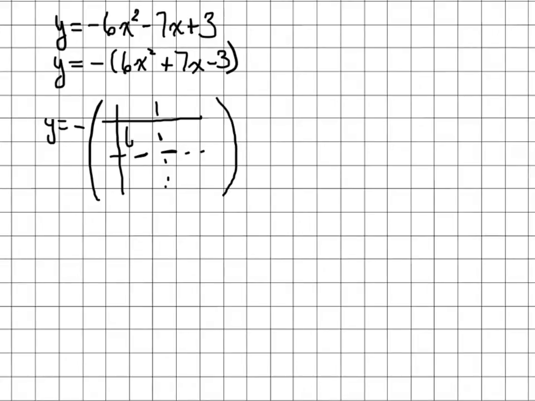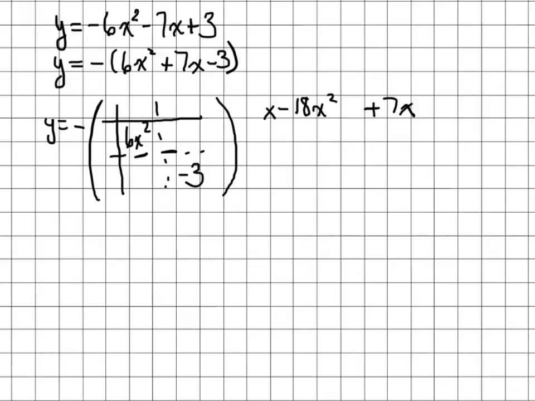So we know that the 6x squared goes here. We know the minus 3 goes here. Next thing we need to do is to find two numbers that are going to add to this, so that goes in here, but also multiply to minus 18x squared. So we have two numbers that multiply to minus 18x squared, and they are going to add to 7x.